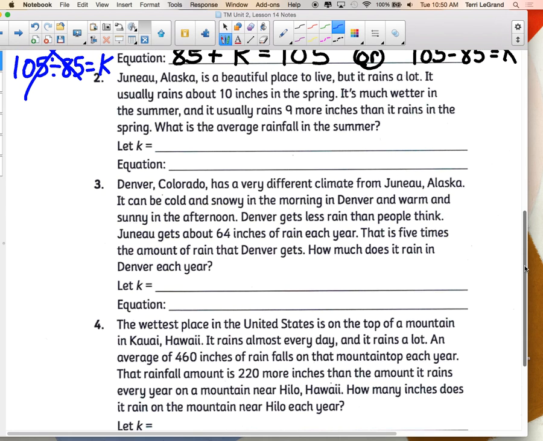Okay, I would like you to make an attempt at this next one on your own. Give it a try. Let's see what you can do. Number 2, on your own.